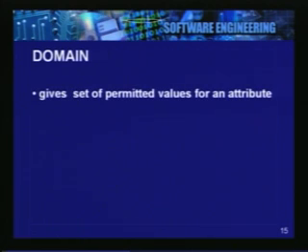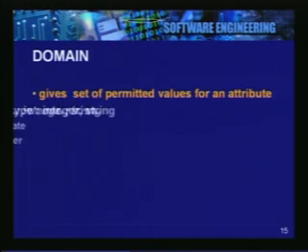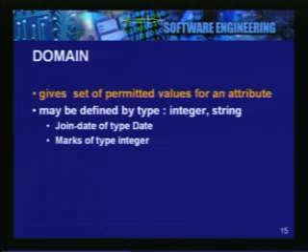Then the next concept is that of a domain. Domain allows us to define a set of permitted values for an attribute. What kind of values can an attribute take? Now this may be defined by listing the values or by defining the type. For example, the date of joining for a given employee can be of type date.